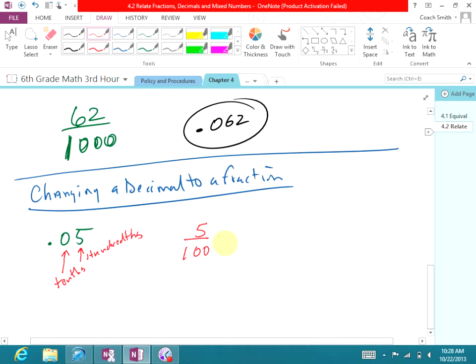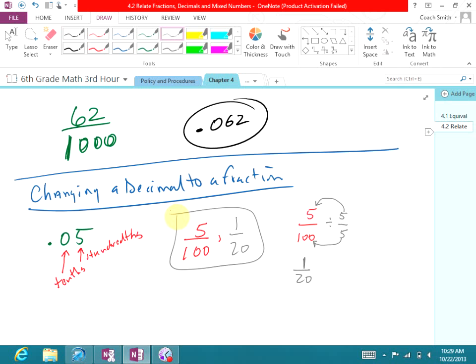You must list that as well as taking 5 over 100 and dividing it by 5 over 5, because we have to reduce the fraction to lowest terms. 5 goes into 5 one time, 5 goes into 100 20 times. And so that would be 1 over 20. So the two fractions together are your answer.